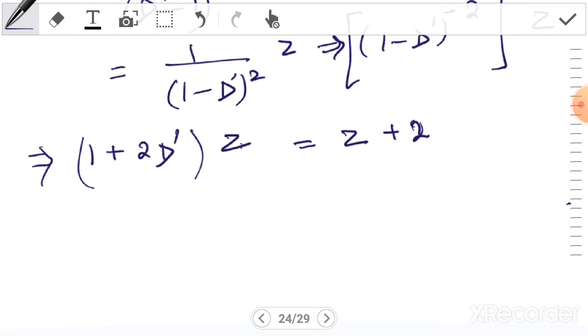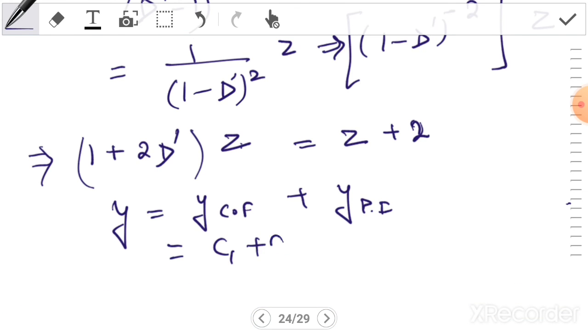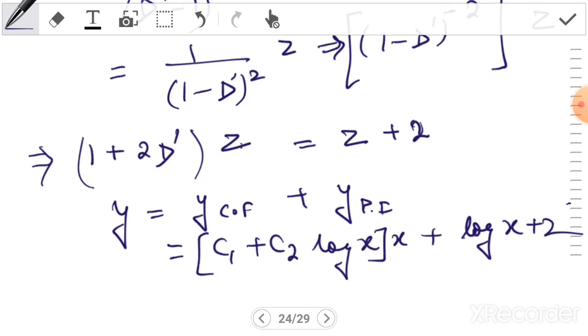So the particular integral we have is z plus 2, then the complete solution will be equal to complementary function plus particular integral, that is c1 plus c2 z, or c1 plus c2 log x times x plus z is log x, so log x plus 2.